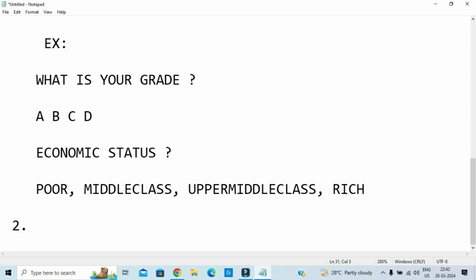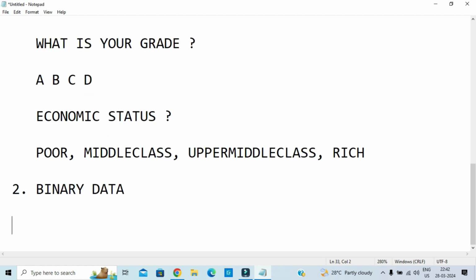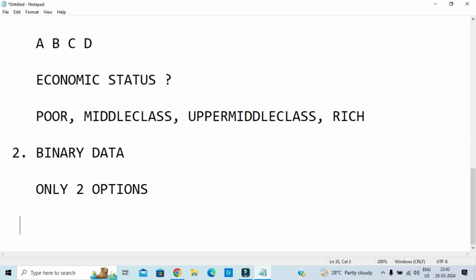The second one is binary data. What is meant by binary data? Binary data means something that has got only two options. The result will be displayed in just two options. It comes under qualitative because it is not a numerical one.